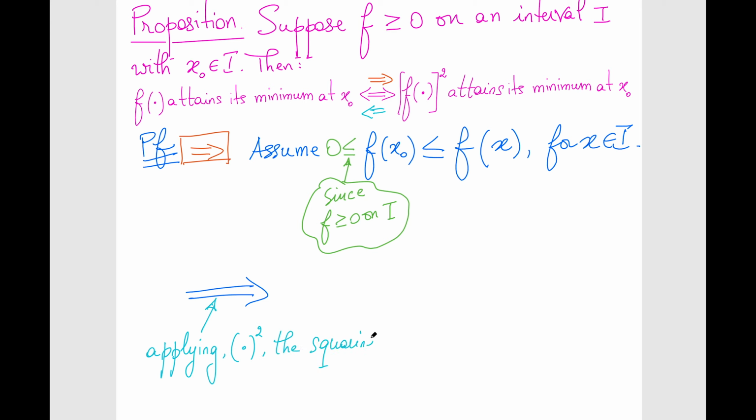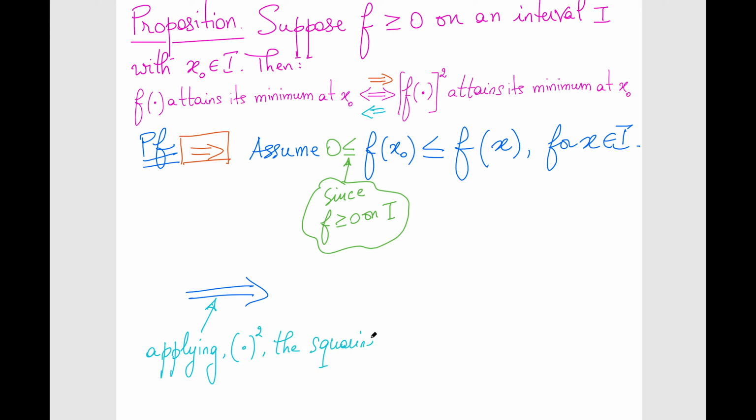So we get that the square of f of x naught, which means the output through the squaring function of this input, is less than or equal to the square of f of x.